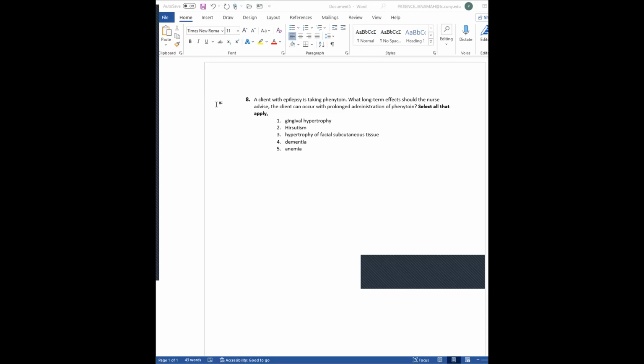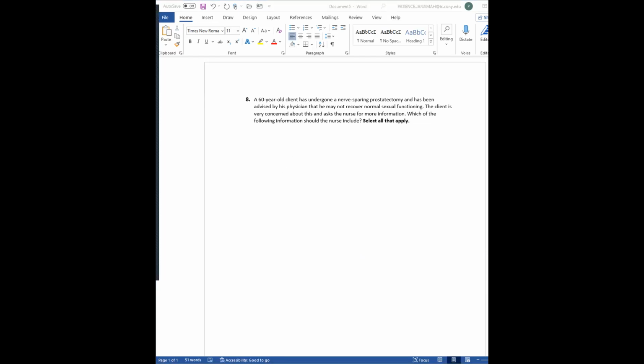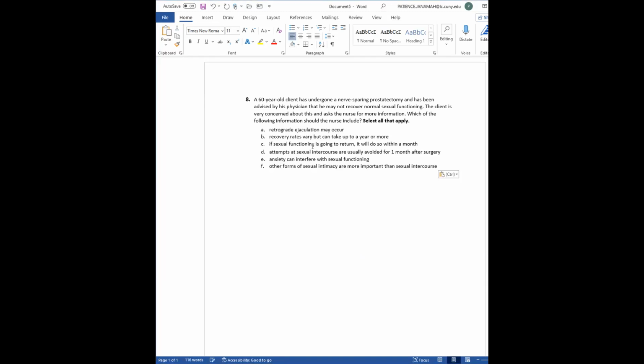This one had a lot of select all that apply. Who wants to read? Emilia, can you help us read this one? A 60-year-old client has undergone a nerve-sparing prostatectomy and has been advised by his physician that he may not recover normal sexual functioning.